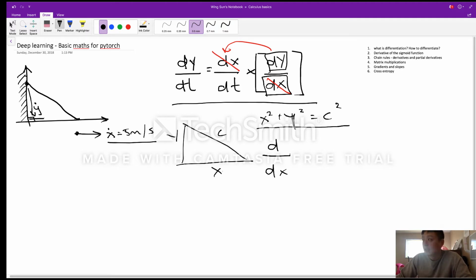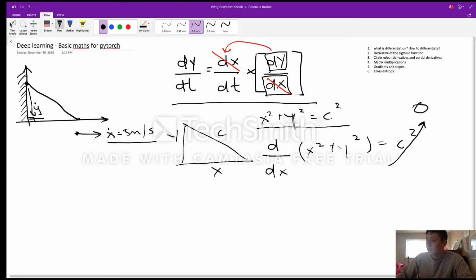So I can write d over dx of x squared plus y squared equals c. Now, I don't really care about this part because c is a constant. If you differentiate anything with a constant, that will become 0. So I don't even care about this side.